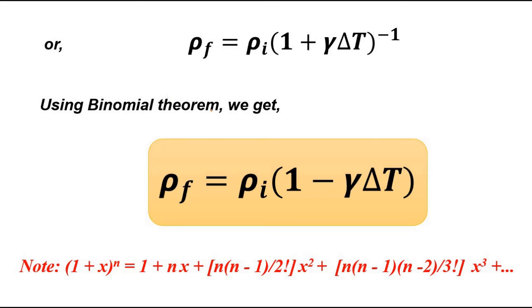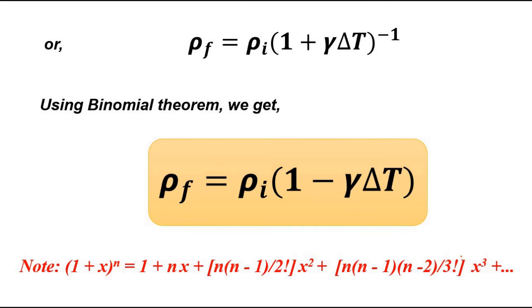Here we can use the binomial theorem to expand (1 plus x) to the power n, where n is minus 1 and x is gamma delta T. If we expand it, we get 1 plus nx, which is 1 plus minus 1 into x, where x is gamma delta T.